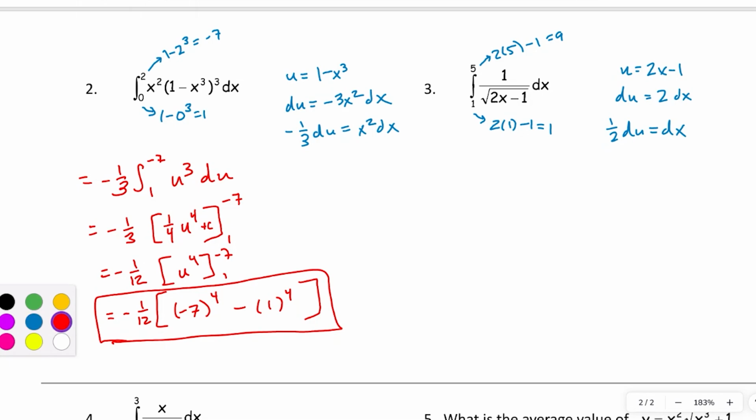So now let's convert everything to u's. We've got the integral from 1 to 9 of u to the -1/2 du. And then, actually, we have an extra 1/2 on there, don't we? So let's write that out in the front.